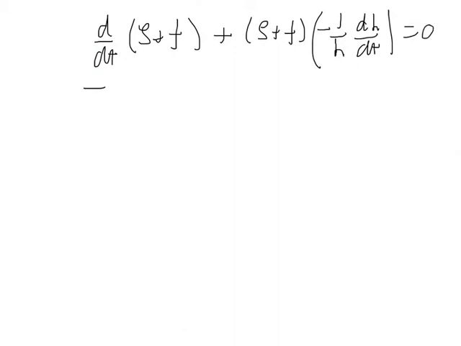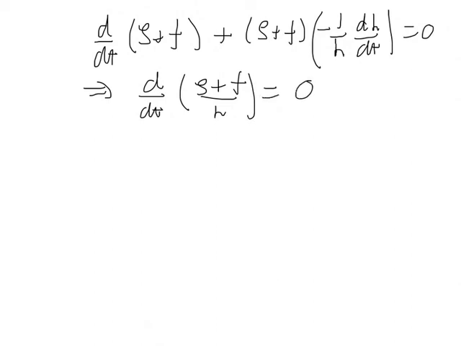But this can now be rewritten if you think about it. This just says that the total derivative of (zeta plus f) over h is equal to 0. And this expression here is the potential vorticity of the shallow water model.